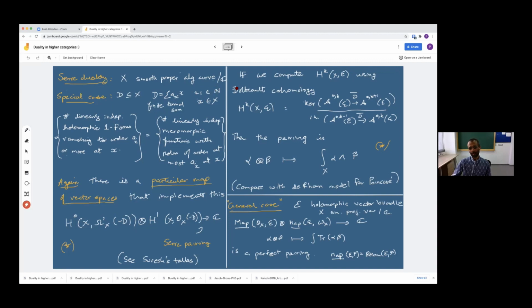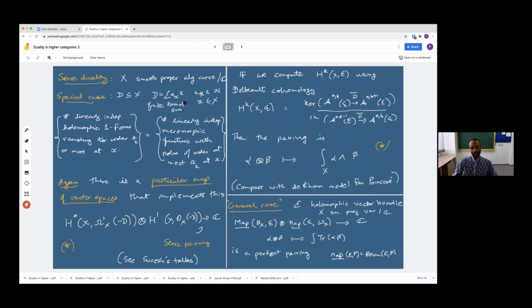I've taken them here to be non-negative, just for fun, but I could take negative as well. This is just a formal combination of points. If you want to, you can take all the coefficients to be 1, so I have finitely many points in X and a weight 1 attached to each point.